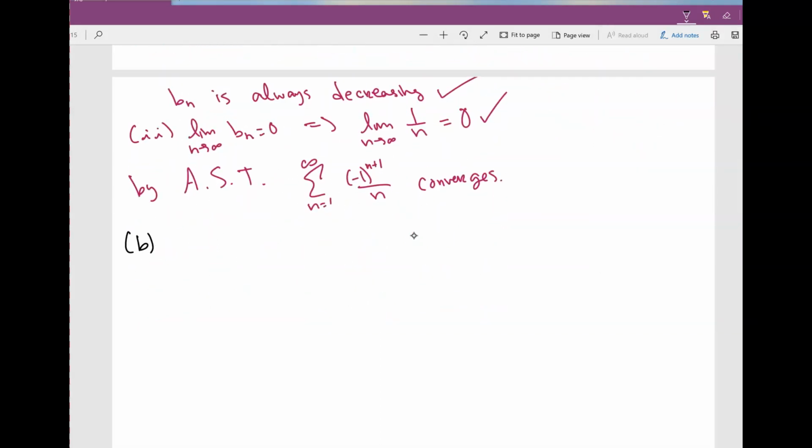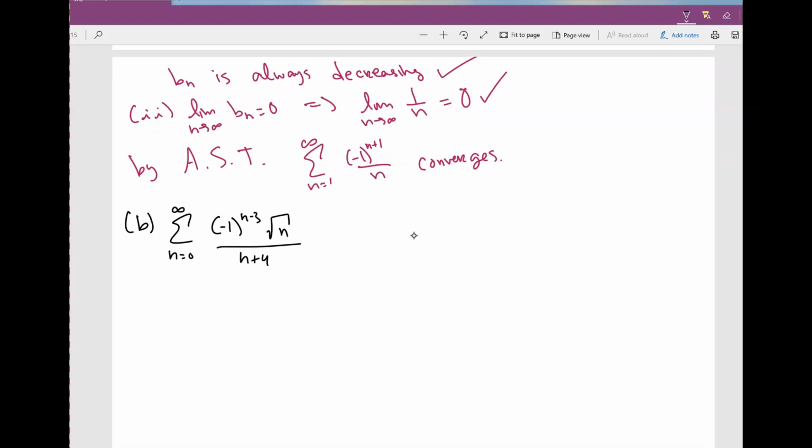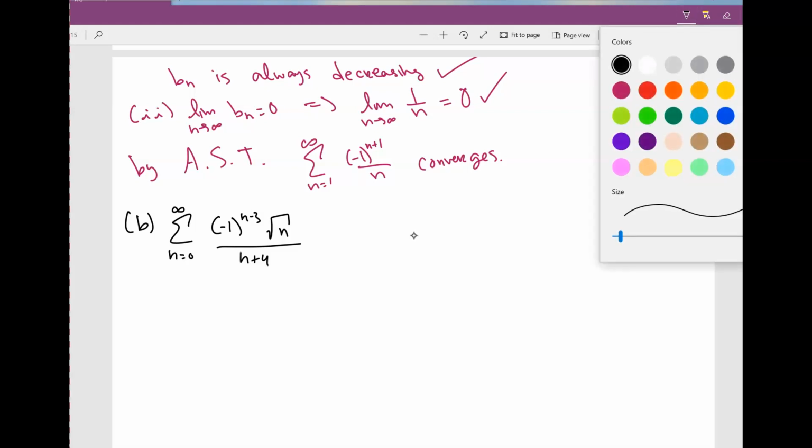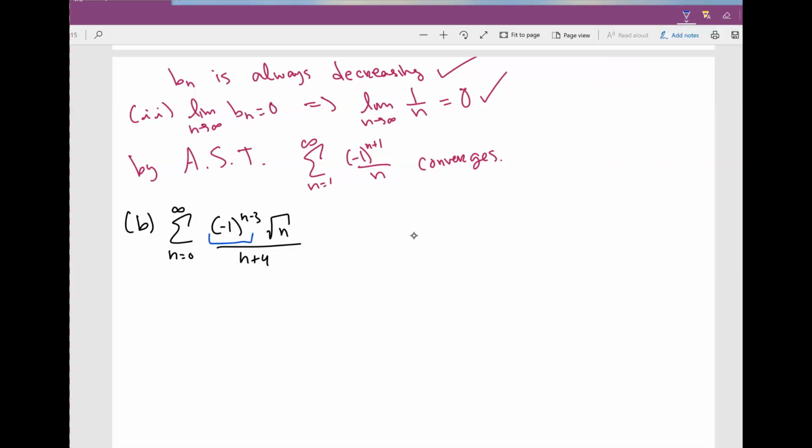Part B. So let's say you have the sum from n goes from 0 to infinity of negative 1 to the n minus 3 times the square root of n over n plus 4. Notice that this is also an alternating series because you have this negative 1 term in there to the power of n minus 3.